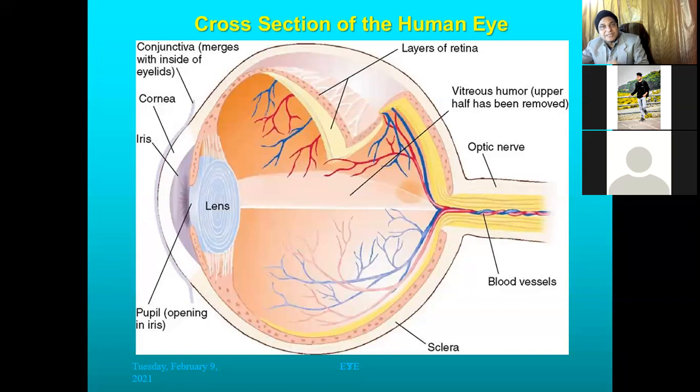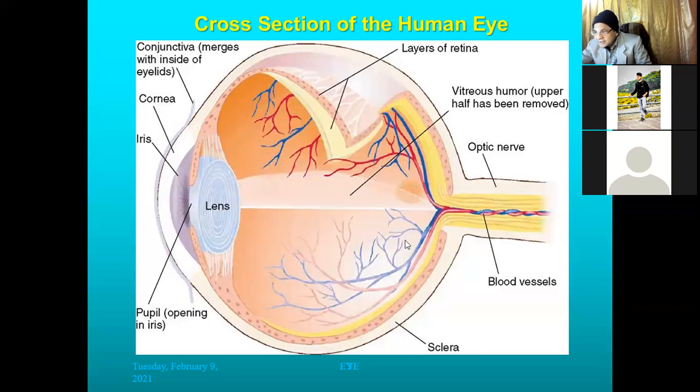In both cases, there is a need to change the focus. So the lens accommodates the focus. And these are the ciliary fibers that hold the lens in contact with the main part.